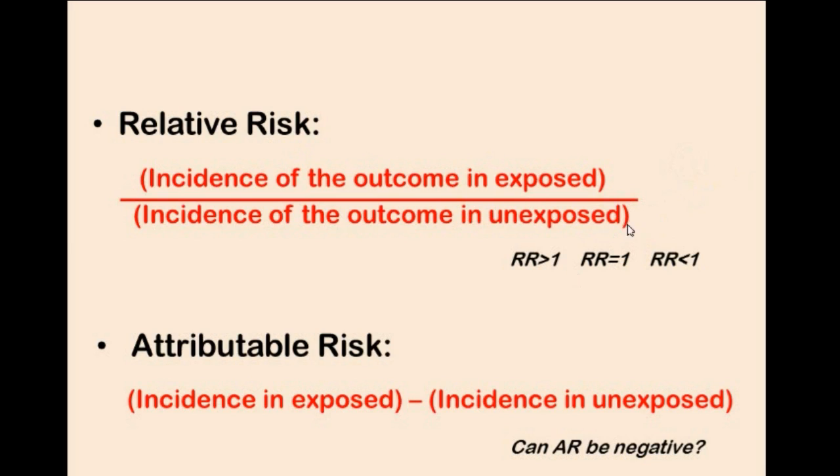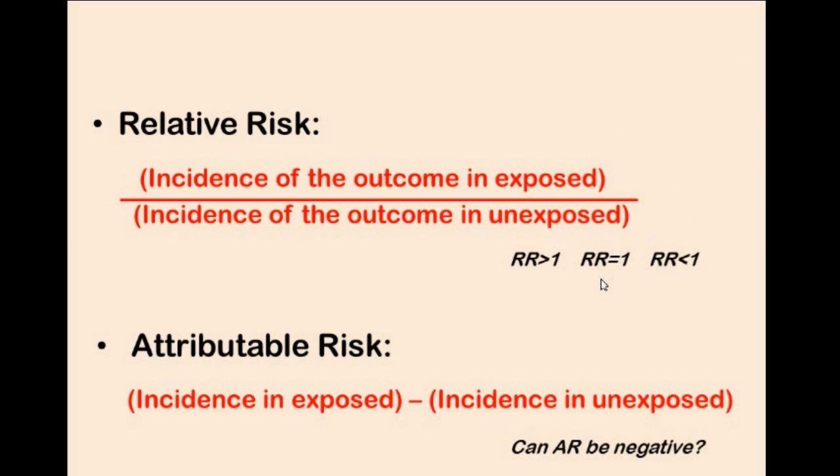Now that means the relative risk is more than 1. That means that the exposure caused, or you could say had a positive correlation to, the outcome. So again, amongst the smokers, or if you smoke, you're 7 times as likely to develop lung cancer compared to if you don't smoke.